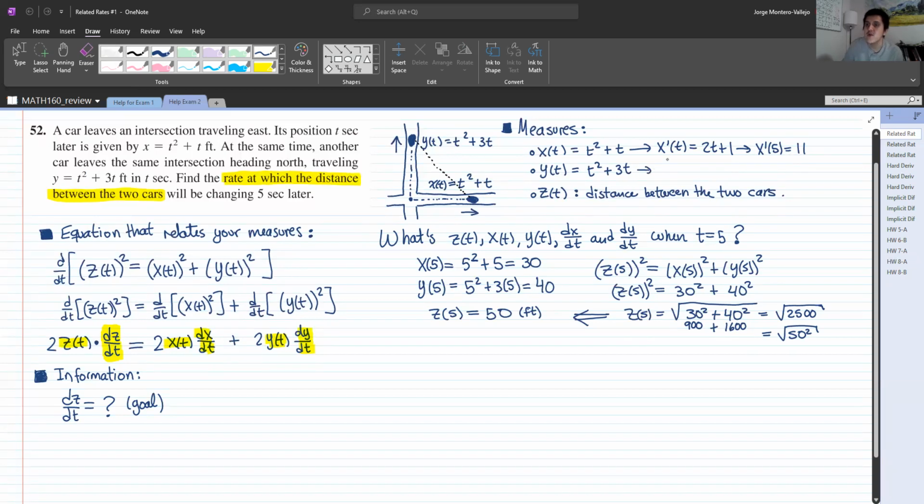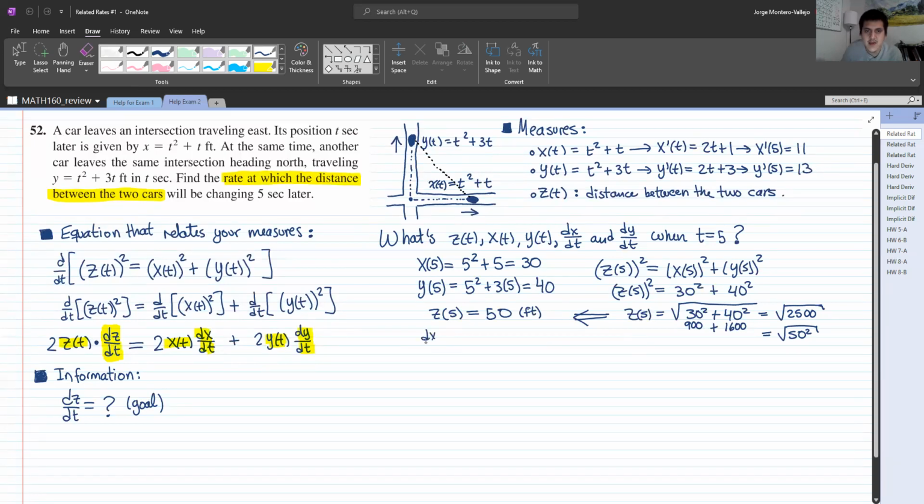It's just the velocity of the car heading east. Now the dy/dt, we do the same. We just go ahead and take the derivative of y of t, and that will give us 2t plus 3. And then when t is equal to 5, we just need to plug in 5 in there. And you get 2 times 5, that's 10, 10 plus 3, that's 13. So those are our dy/dt.